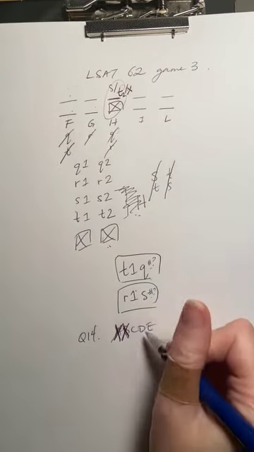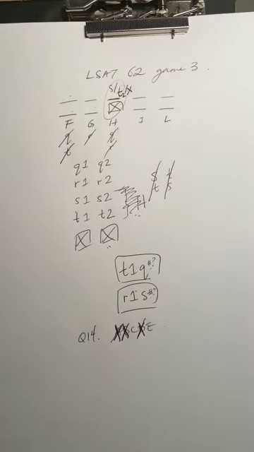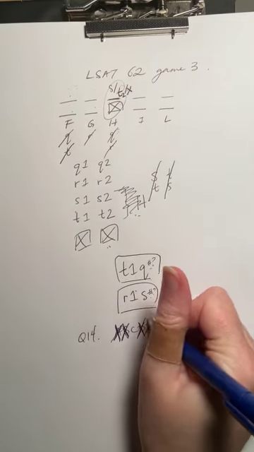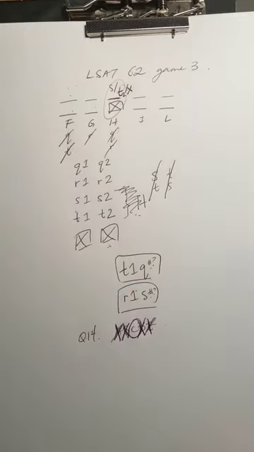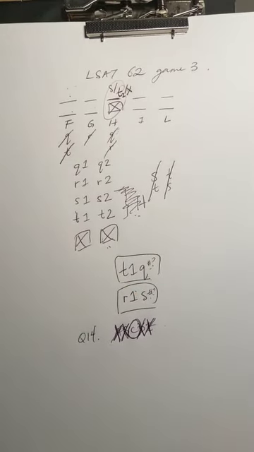So I can eliminate D. And the first time I see R, I should see S as well. R, S. Okay, so I can eliminate E. So C is the correct answer for 14.